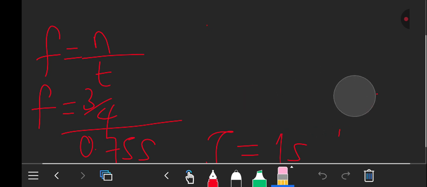So I'm going to say frequency is equal to 3 over 4, that is 0.75, divided by 0.75, that is just 1 per second. Second to the power negative 1. This is per second.